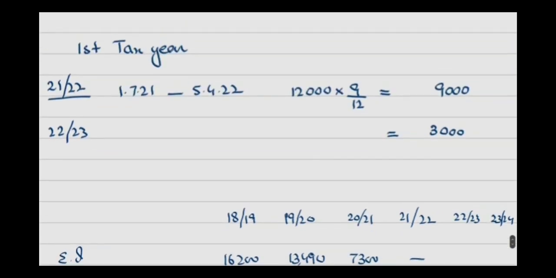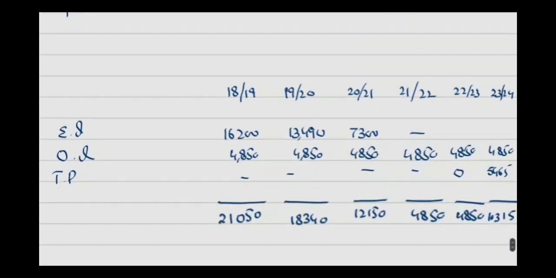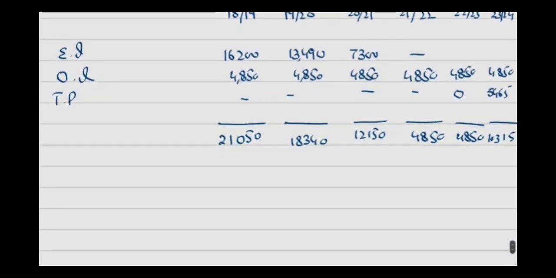Out of the total loss of 12,000, 9,000 of loss can be set up in the year 18-19. How is it? Because the loss is for the tax year 21-22, and if you go back 3 years, it is the year 18-19 in which you have to set off the loss.